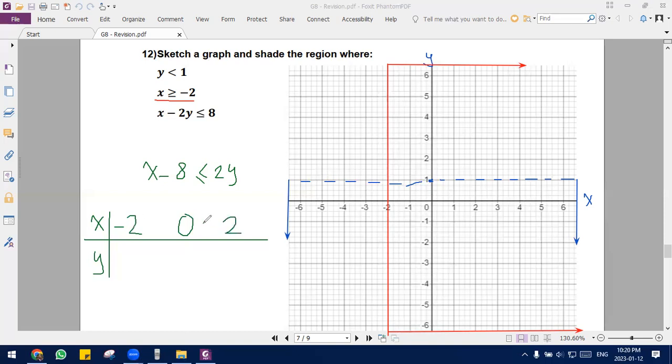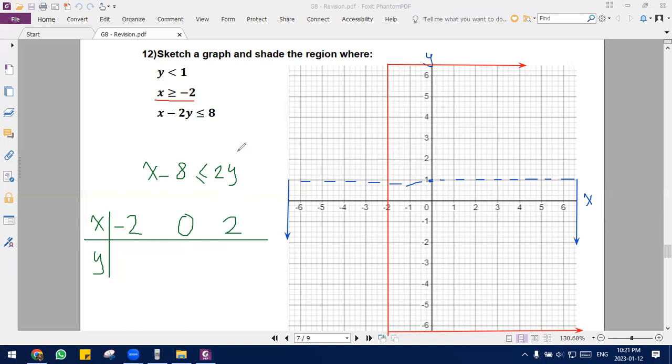Why did I choose minus 2 and 2? Because when I have 2y, I will divide by 2. But anyway, you can choose whatever value you like for x, and then you find y. We will have the same line, whatever you use for x.